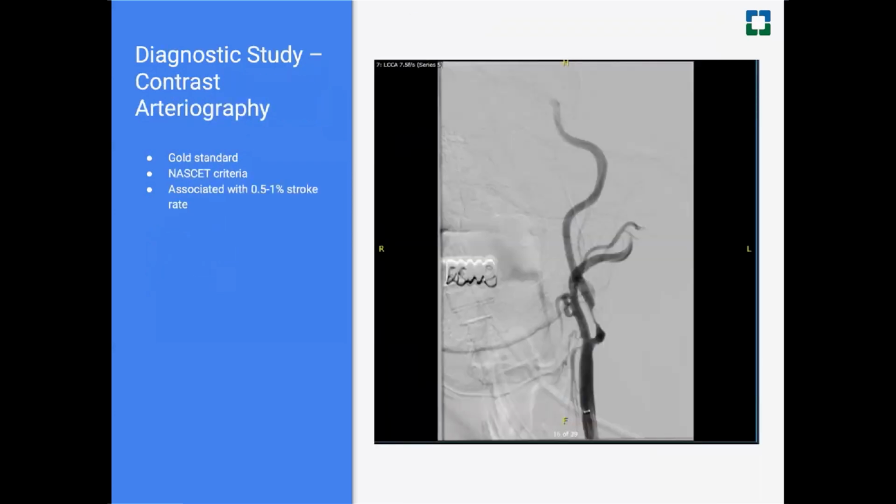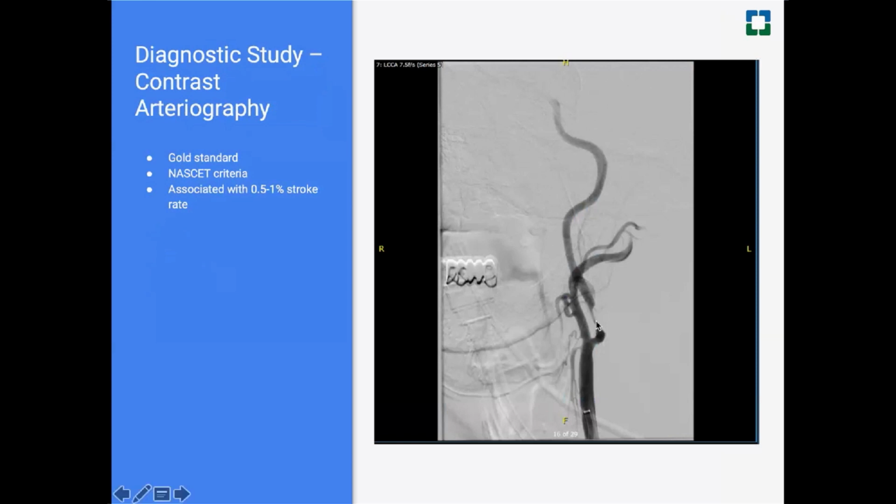The contrast arteriogram is the gold standard for tests. And this was the original test upon which all carotid operations were based. The percent stenosis is measured in kind of a funny way. I'm going to move my cursor over here.